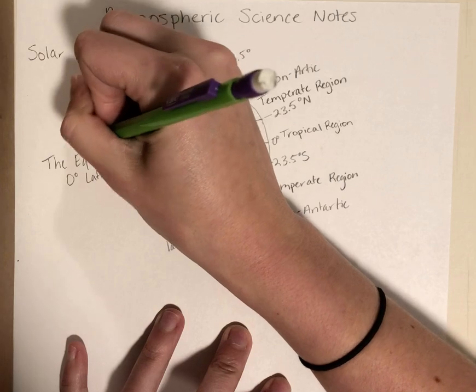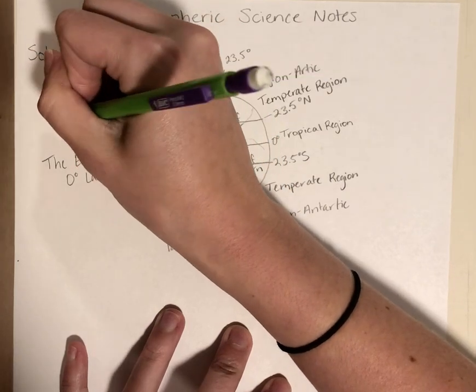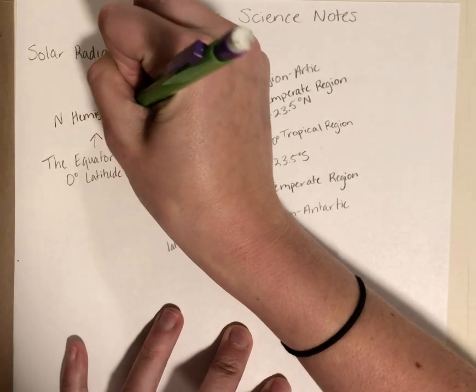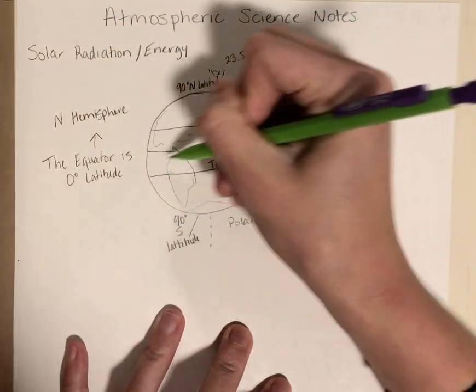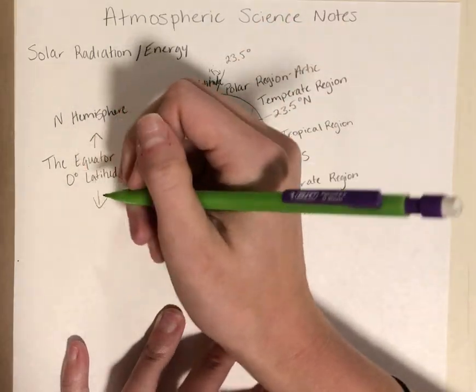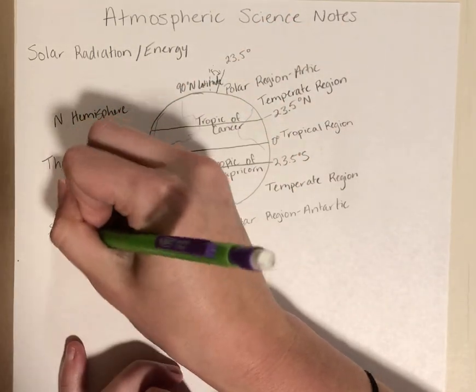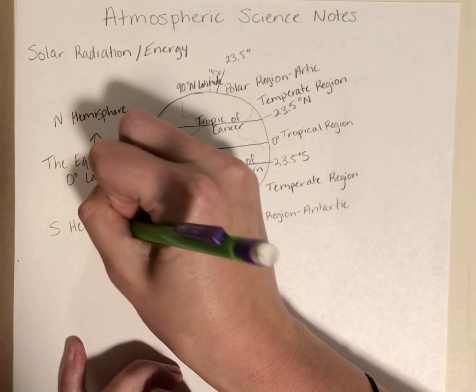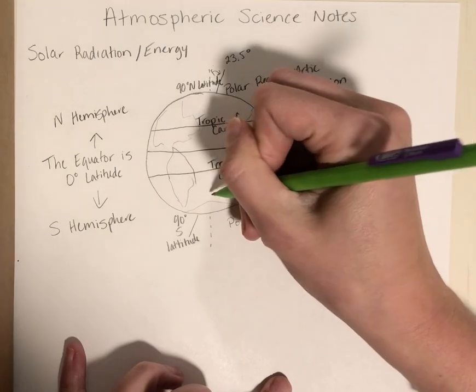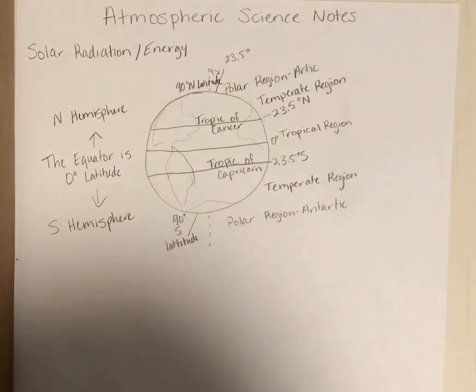And when you go north of the equator, we call this the northern hemisphere. So anything north of this equator is considered the northern hemisphere. Anything south of the equator is the southern hemisphere. So anything south of the equator here is the southern hemisphere.